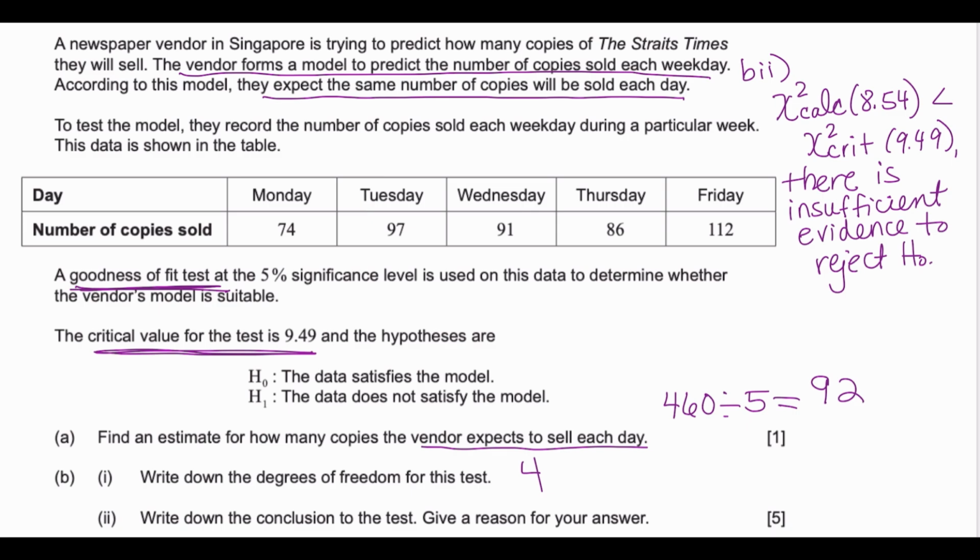You could also say that this means the data satisfies the model. That would also be accepted on the exam.